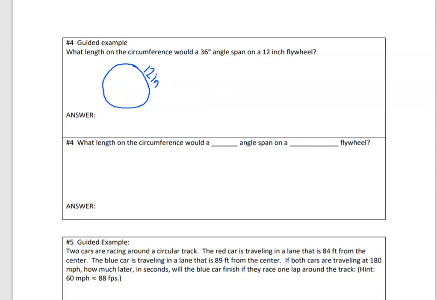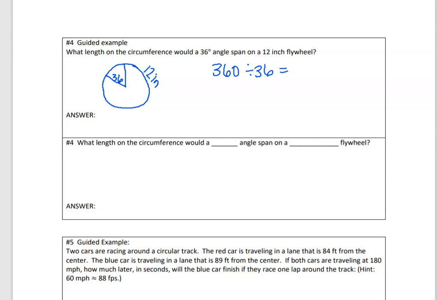And it says, what length of the circumference would be a 36-degree angle? So if I just took out a hunk and said, this is 36 degrees right here, well, what I do know is that in a complete circle, there's 360 degrees. So if I take that and divide it by 36, I would figure out what part of the circle I'm looking at.